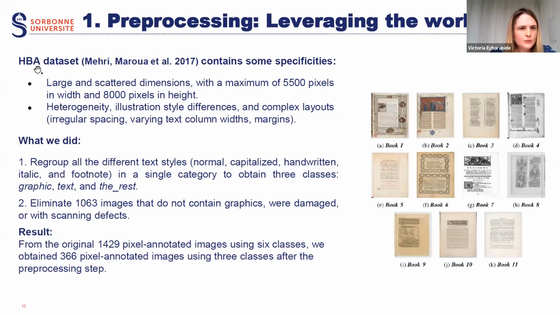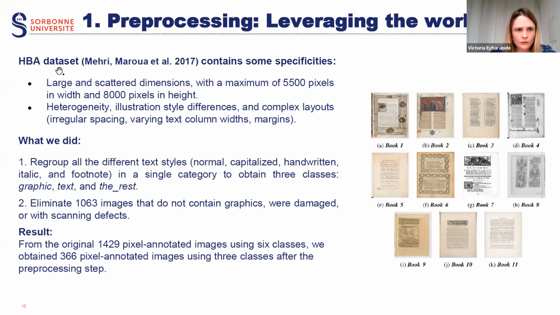So the HBA data sets came from Gallica. It contains real scan ground truth images from 11 historical books. They are greyscale and color images, and the annotations include 6 classes, graphics, and different types of text, such as normal, capitalized, handwritten, italics, and footnotes.